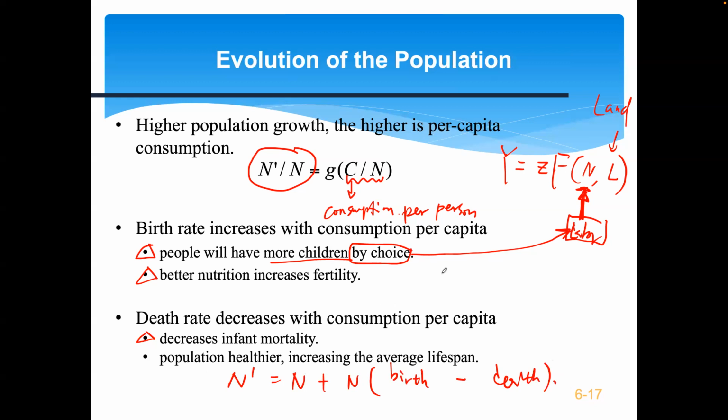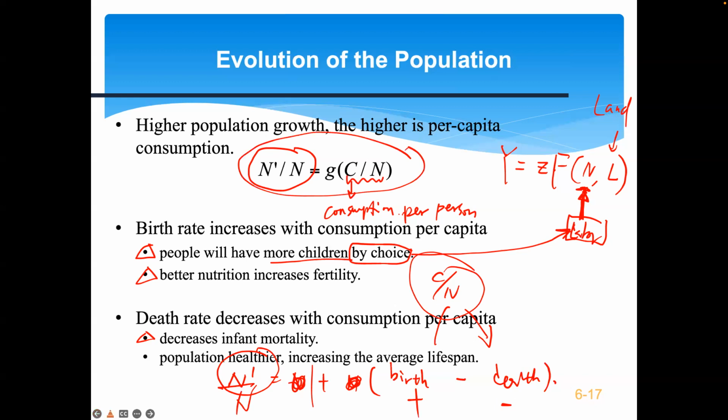So now if C over N matters to these two, increasing birth rate and reducing death rate, that immediately means, if you divide both sides by N, this becomes 1, this disappears. The growth rate is going to increase with this C over N. So that's how we end up with this equation.